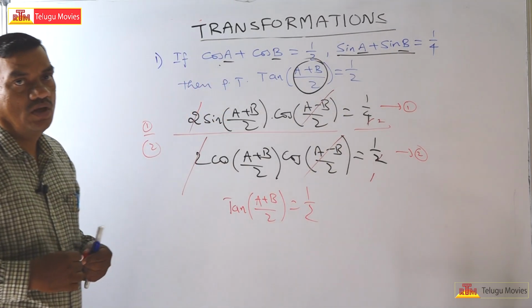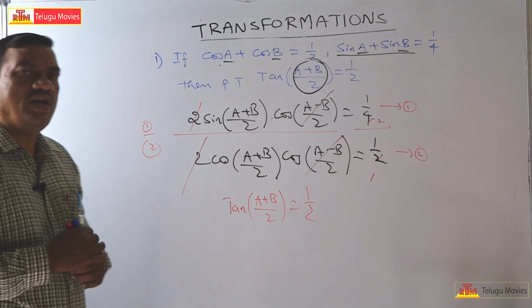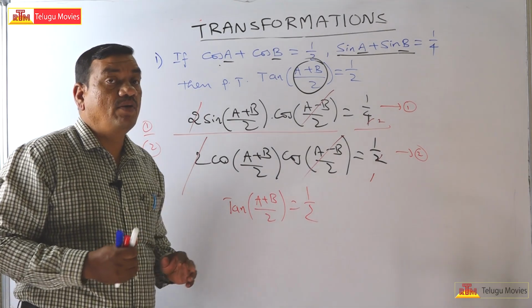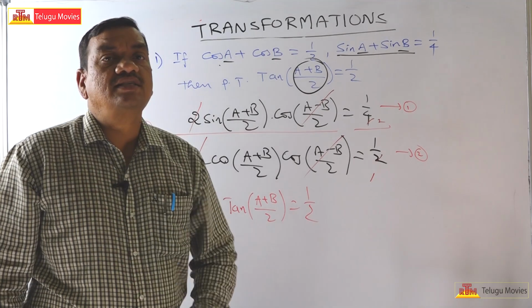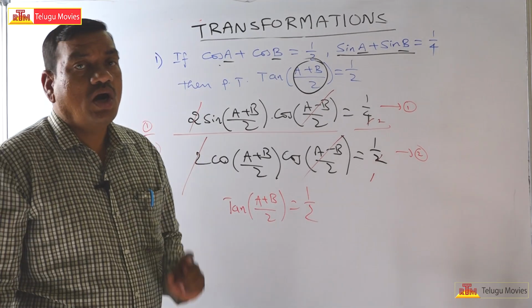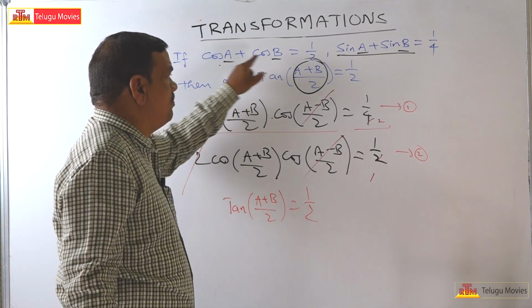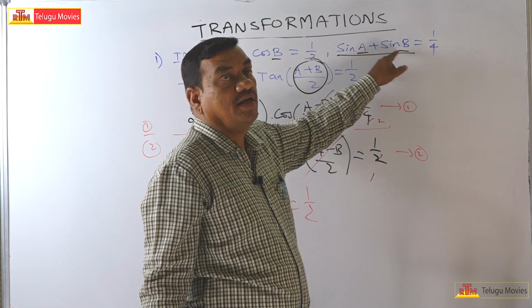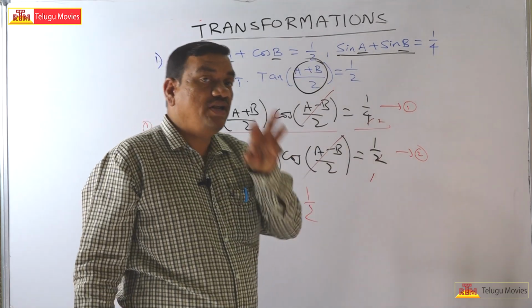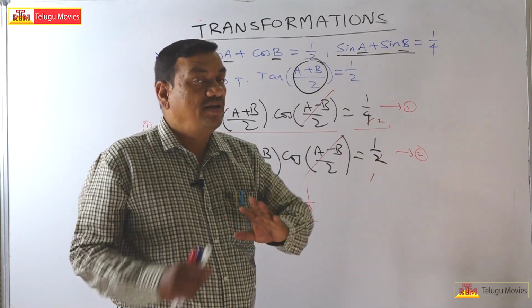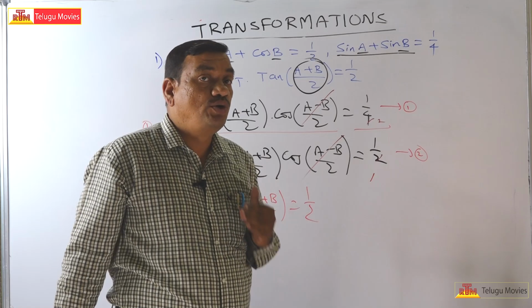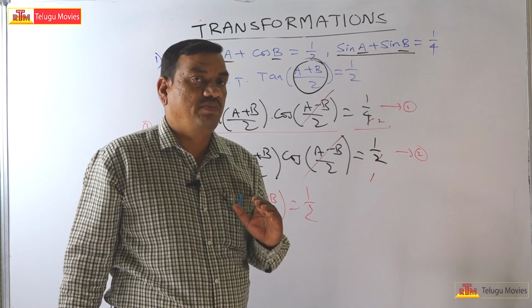Understand? Everybody can understand this problem. It is not at all a very difficult problem. What you have to observe in this problem is that A, B is given and it is asked to find A plus B by 2.